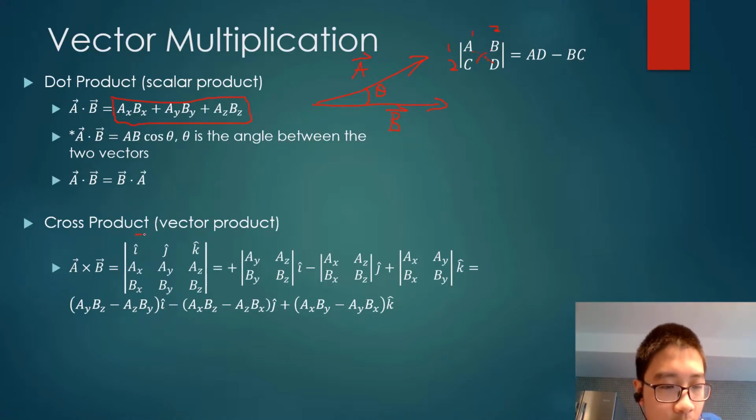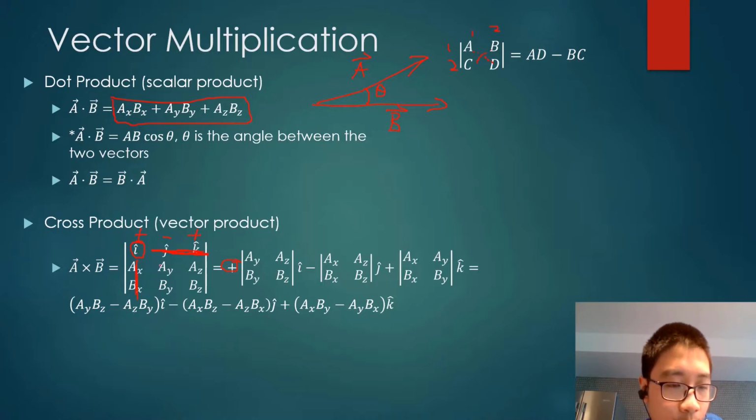We use the plus minus plus pattern first. The first one is plus, for i hat. So we put a plus sign here, and then we cross out all values on the same row and all values on the same column.